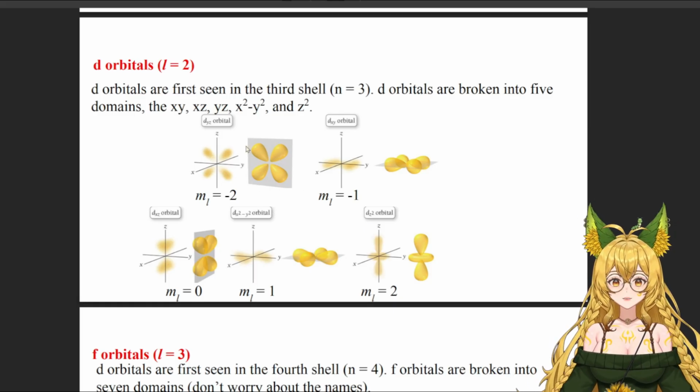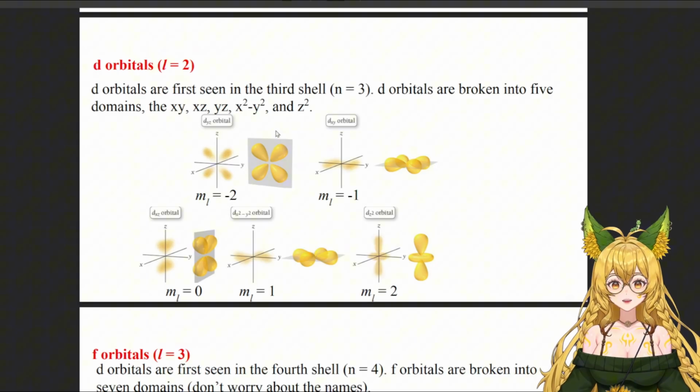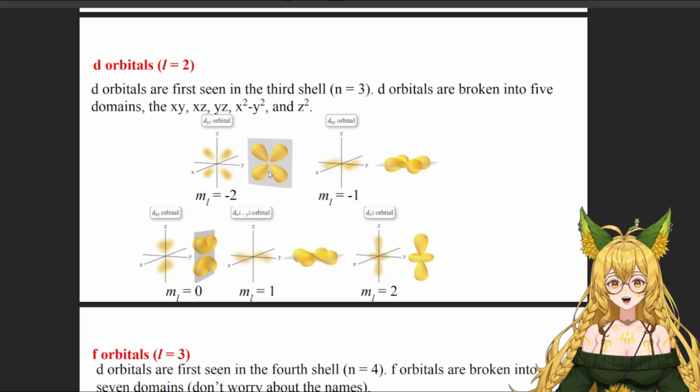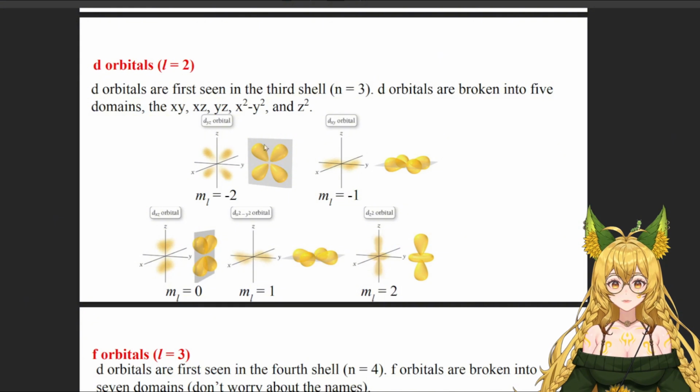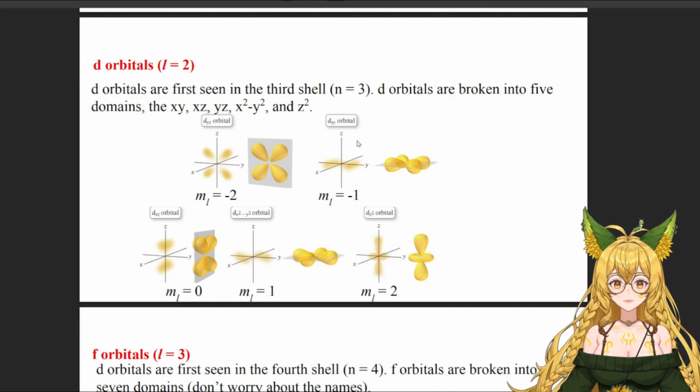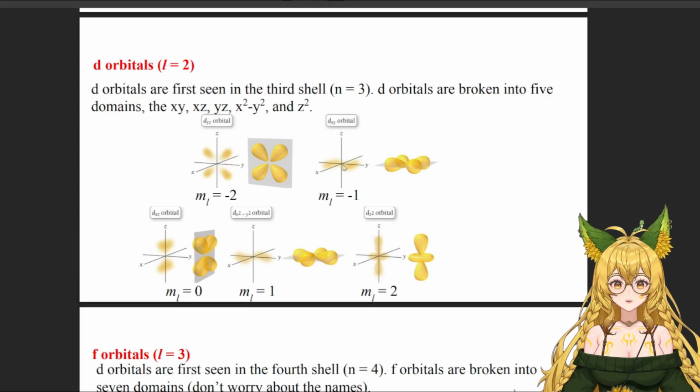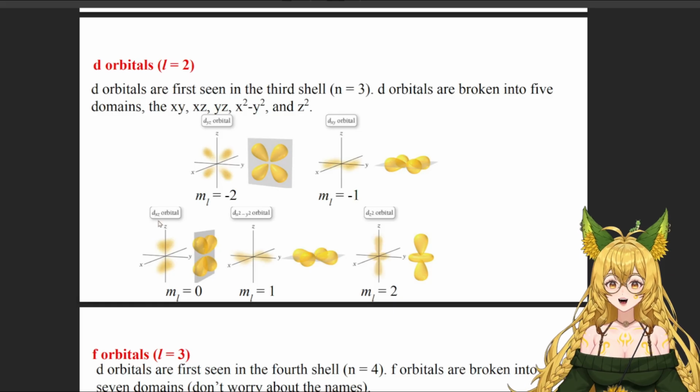If you see this gray box right here, imagine it cutting everything in half, and that's what plane it is on. The dxy orbital is only on the x and y plane. The dxz orbital is only going to cut through z and x, right? It's going to cut it in half.